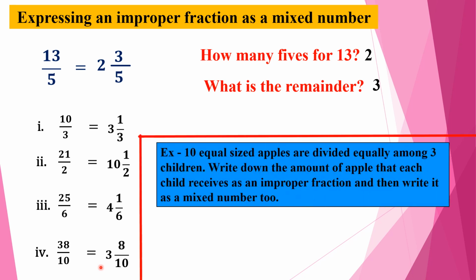And can you remember this example? I gave you this example before, but now I have changed it a little. Can you remember, I explained there are 10 equal size apples and I want to divide them equally among 3 children, and I asked you to write the portion that one child receives as an improper fraction.